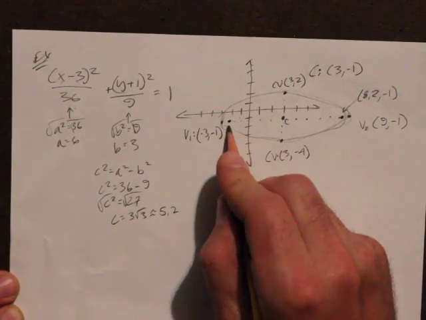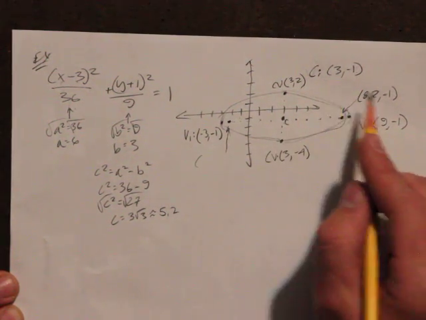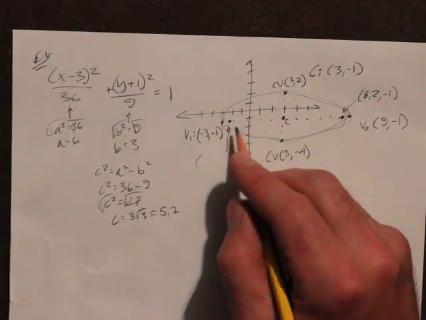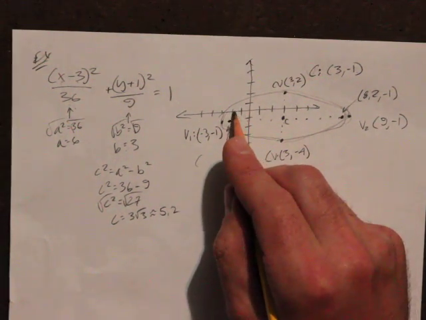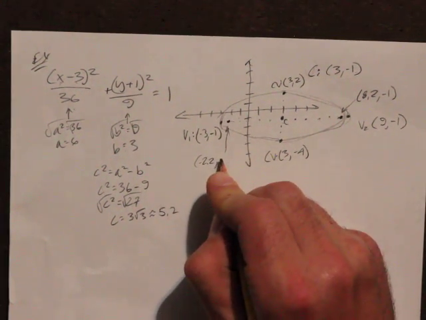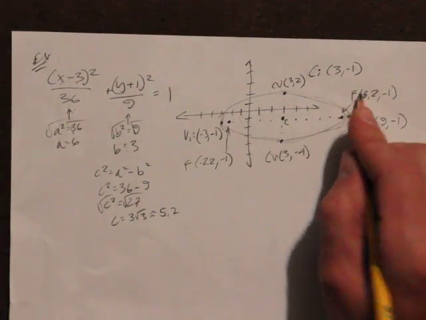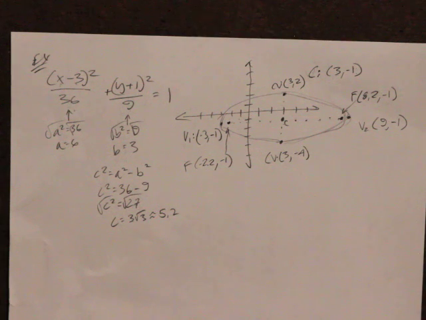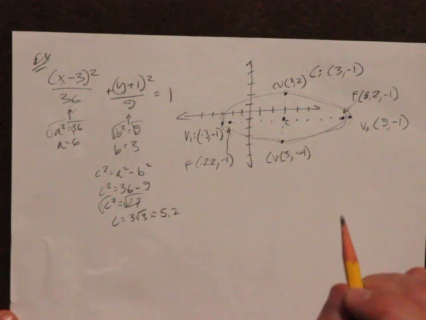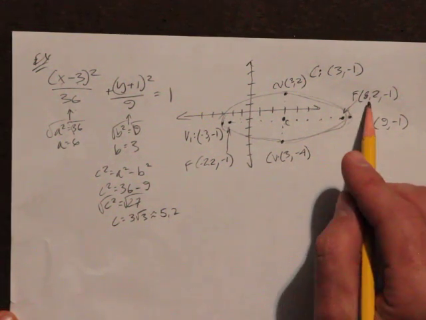And my other focus is 3 minus 5.2, so that'll give me negative 2.2, and negative 1.